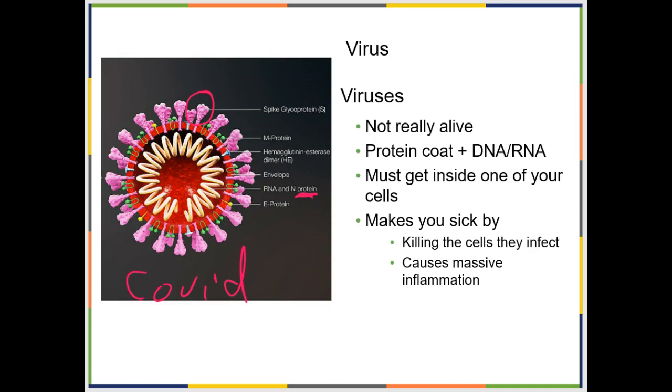It is basically a key that unlocks a door on your cell so this virus can get inside. Then once it gets inside, it hijacks your normal intracellular machinery to make more viruses. So it relies on your cell's ability to perform metabolism and hijacks that and turns your cell into a virus factory. And then eventually that cell is going to die.